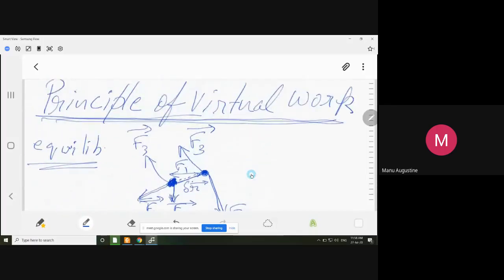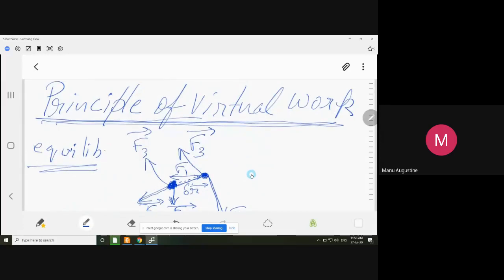Once again, very shortly and sweetly putting the principle of virtual work in English: if under the influence of some n number of forces F1, F2, F3, F4, Fn, an object is in equilibrium and a small virtual displacement is given to the object, then the sum total of virtual works of the individual forces of the system will sum up to 0. That is 100% sure. This is the principle of virtual work.